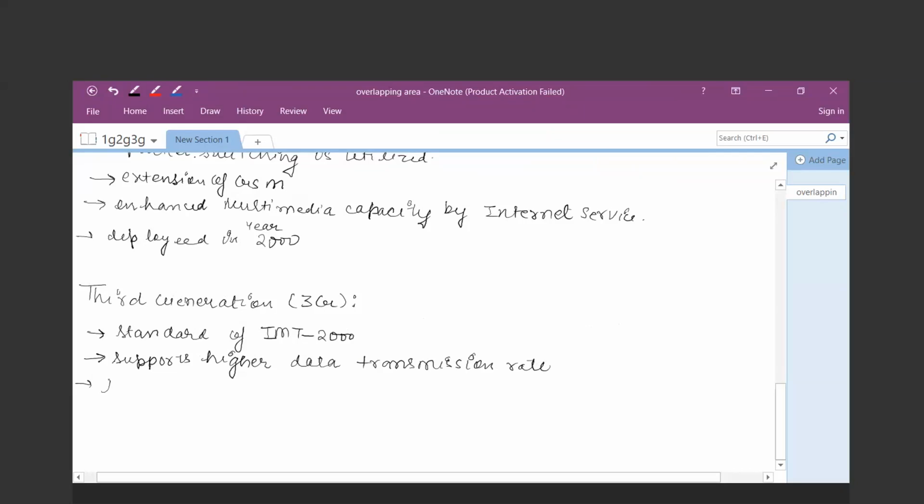Also the bandwidth is high for the 3G system, so a high baud rate, and all the signals have to be converted into digital data.